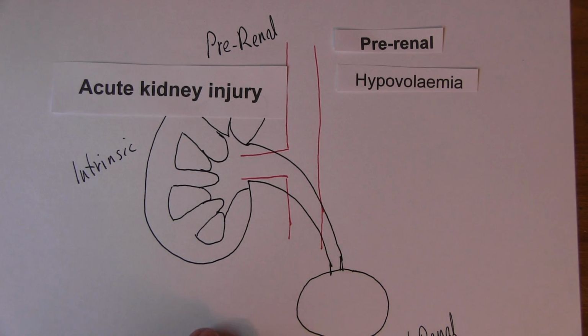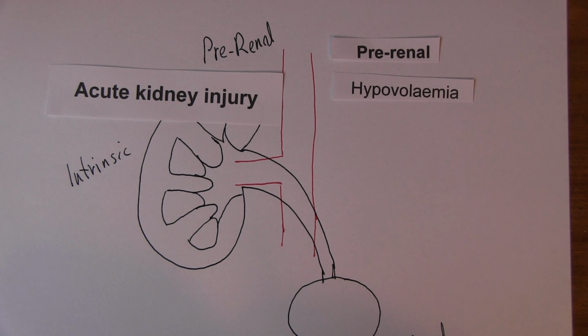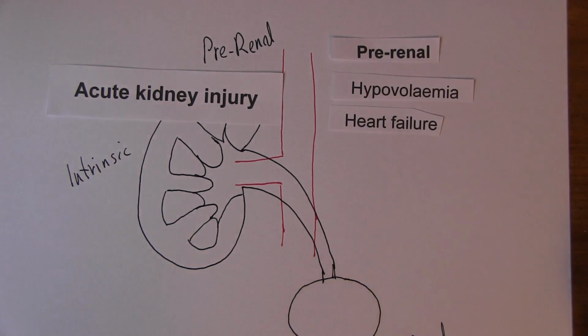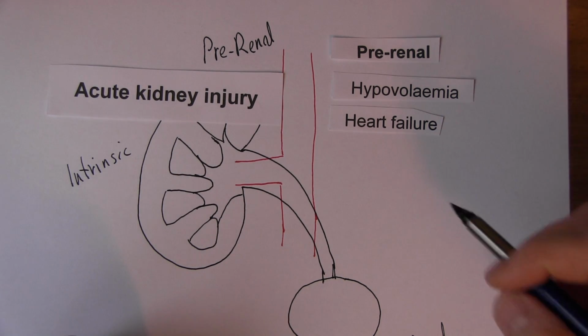And conditions which cause a hypoperfusion of the kidney, we could include heart failure in that. Because in heart failure, the left ventricle is unable to contract sufficiently or generate enough contractile pressure to perfuse adequately the organs of the body.